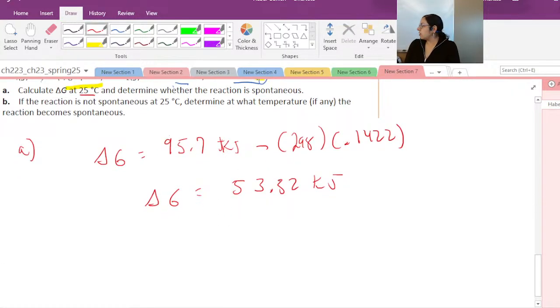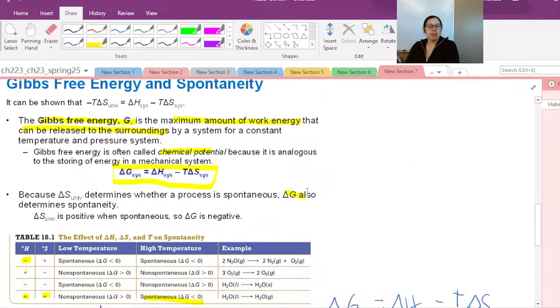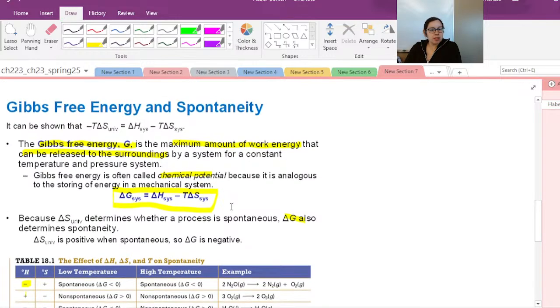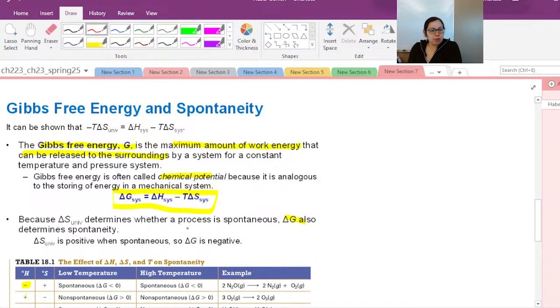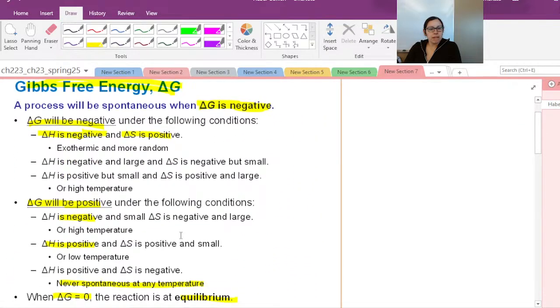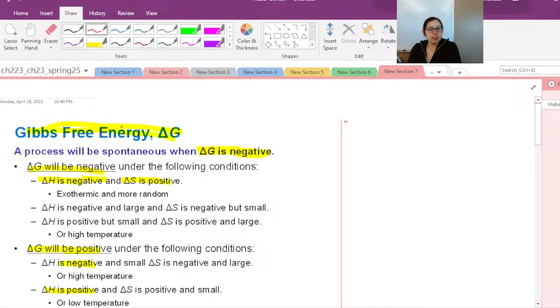What was the value that it had to be to be spontaneous, positive or negative? Yeah, negative to be spontaneous. Is that a conditional thing, or does it have to be negative to be spontaneous? Yeah, it has to be. So that's part of our notes here. Delta G has to be negative to be spontaneous.